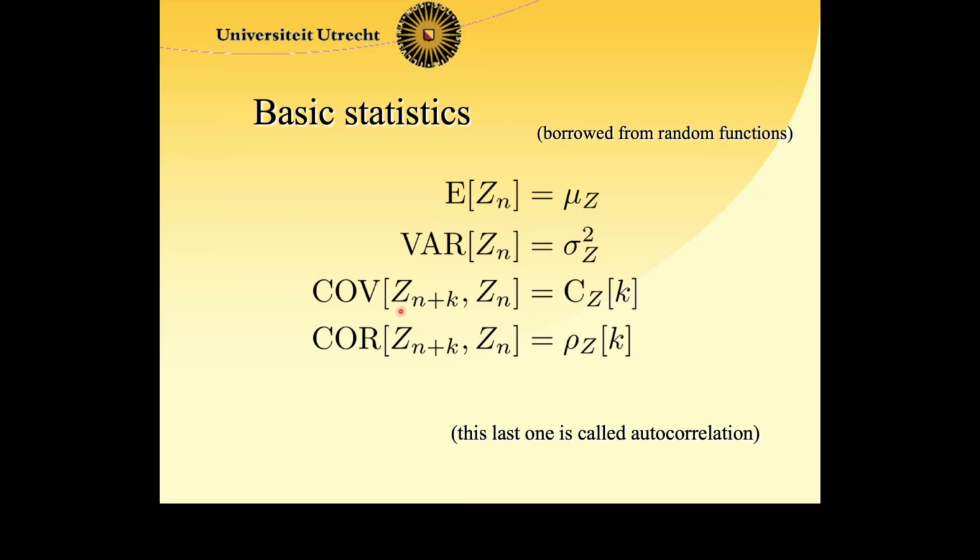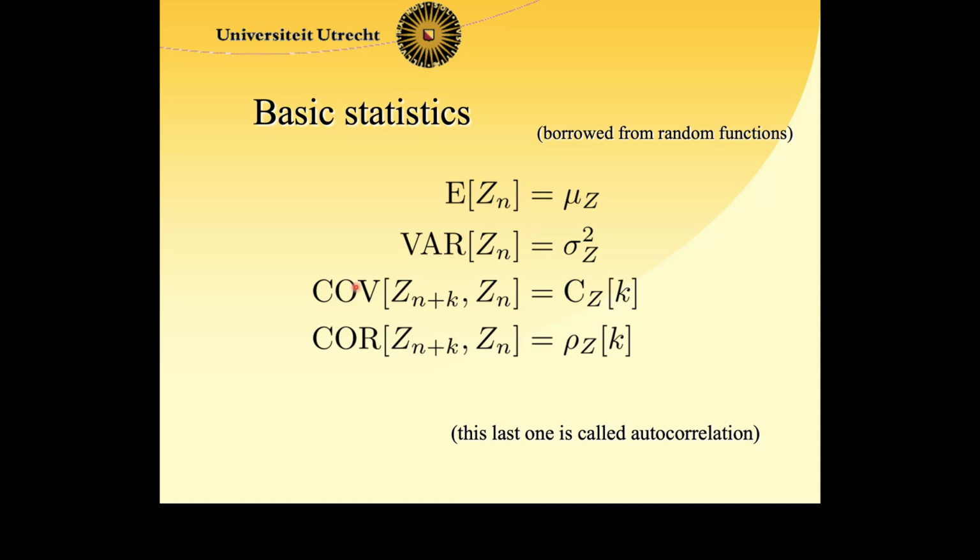The covariance between Z n plus k and Z n is often denoted by the capital C, with K the lag distance. So the actual lag distance in time units is K time steps. So the length in time is then multiplying K with the fixed time step of delta tau.